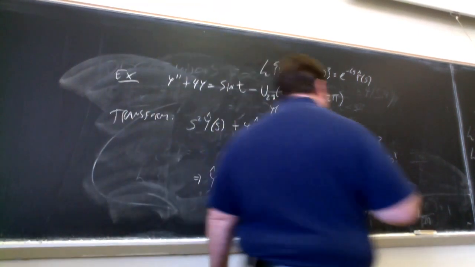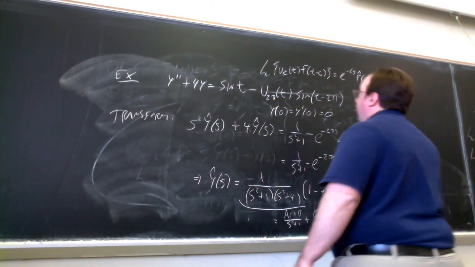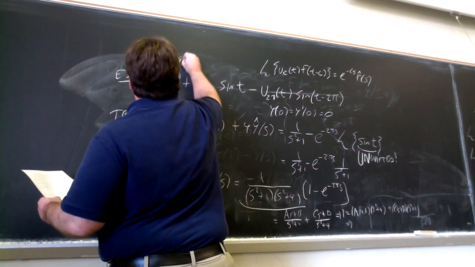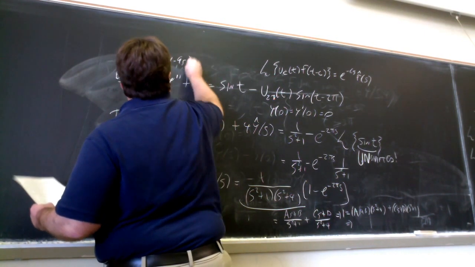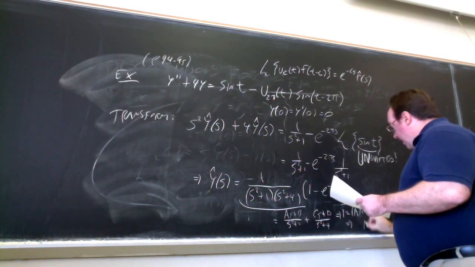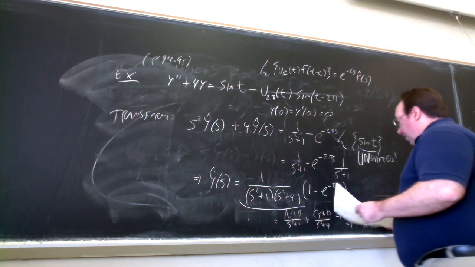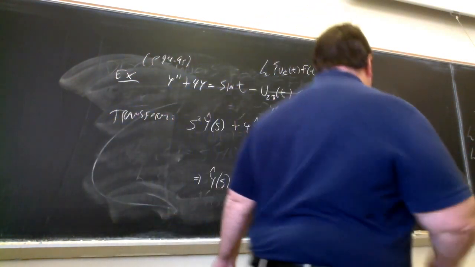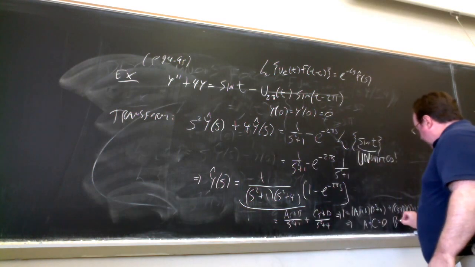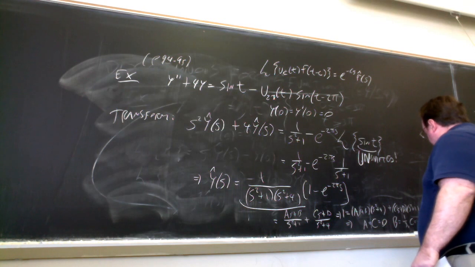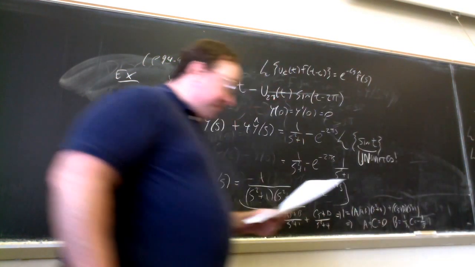And I won't go through the whole algebraic process this time. This is in my notes. And what we get is a and c turn out to be 0. So we end up not having any linear terms. And then b turns out to be 1/3, and d turns out to be minus 1/3.